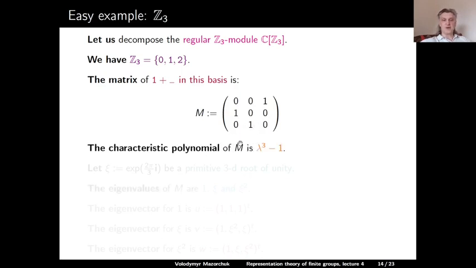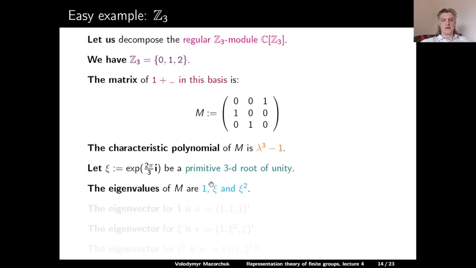The characteristic polynomial of this matrix is lambda cubed minus 1. And if we denote by xi some primitive third root of unity, then the eigenvalues of this matrix are 1, xi, and xi squared. The eigenvector for 1 is (1, 1, 1).